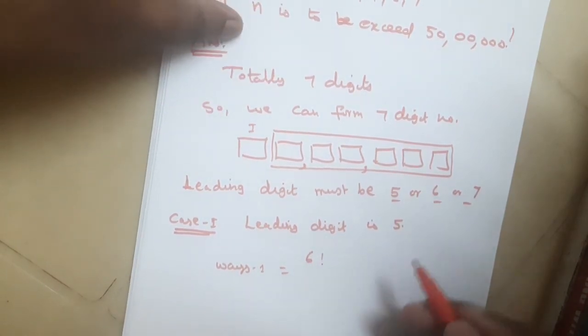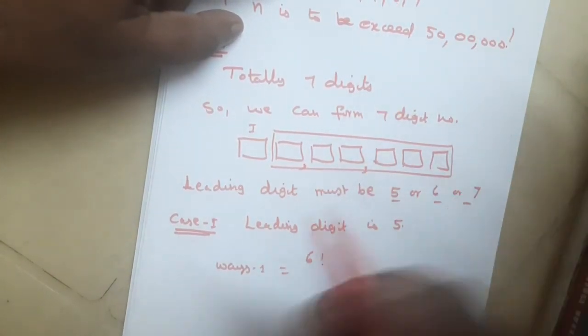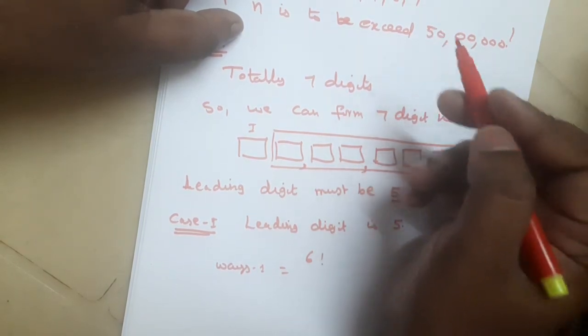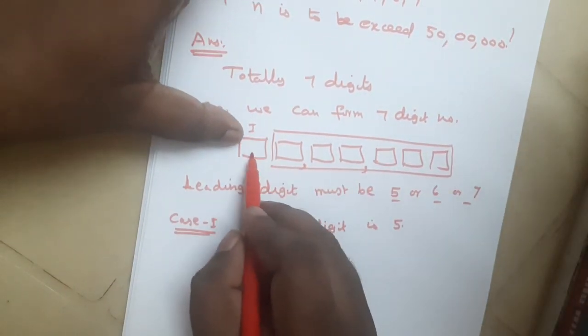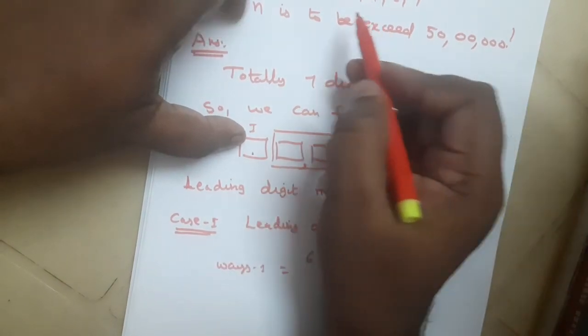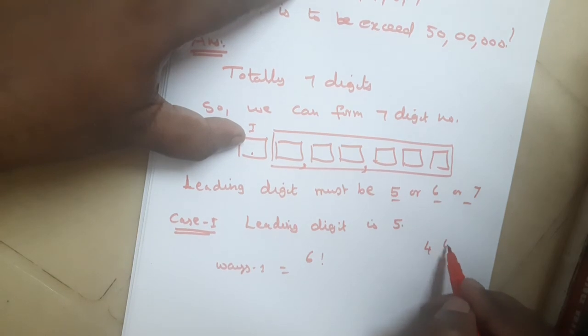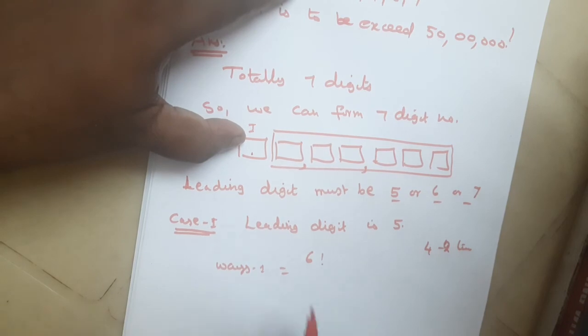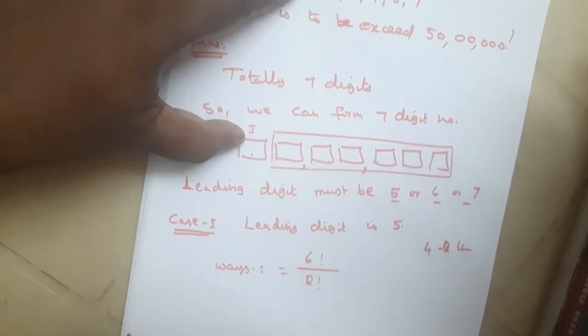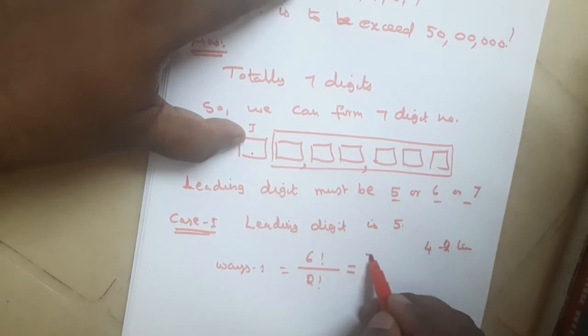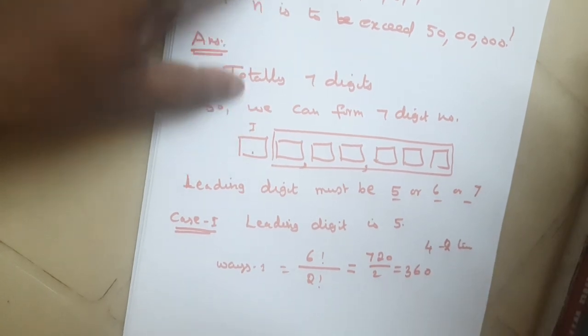Here 5 is used for the leading position, but 4 is 2 times repeated. So we divide by 2 factorial. So this value is 6 factorial is 720 by 2, which is equal to 360.